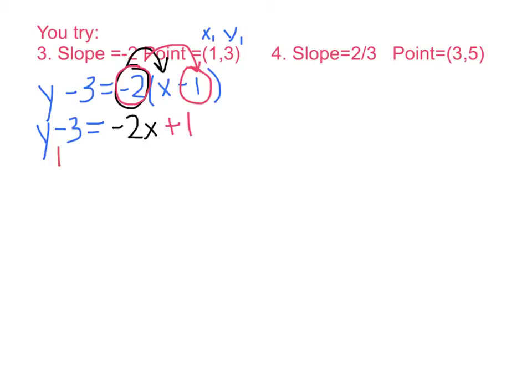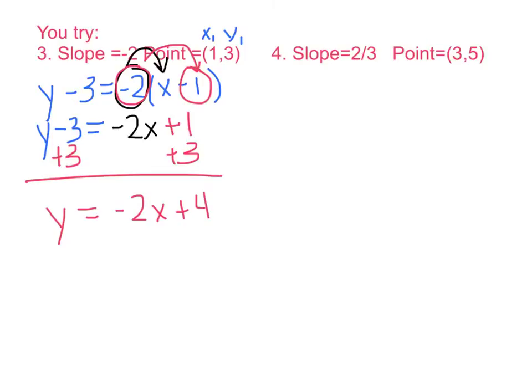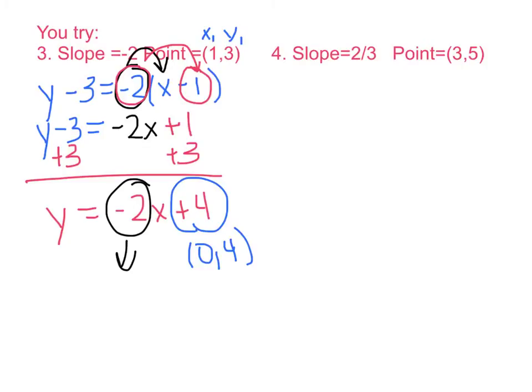Now we need to move this 3, so plus 3, y equals negative 2x plus 4. So our y-intercept would be positive 4, or as a coordinate it would be (0, 4). Our slope is negative 2 over 1.